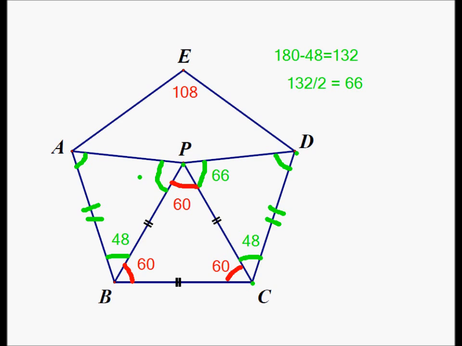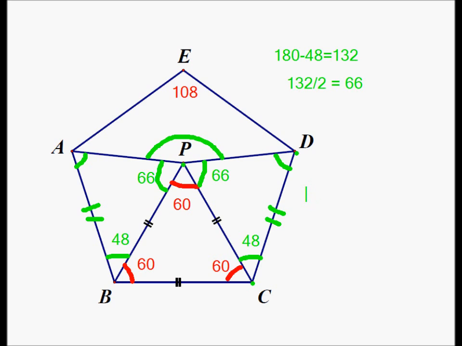Well, let's write it neatly here. Now I can find this angle by subtracting 66 plus 66 plus 60 from 360. I'm interested in the obtuse angle APD, so let's write it here.